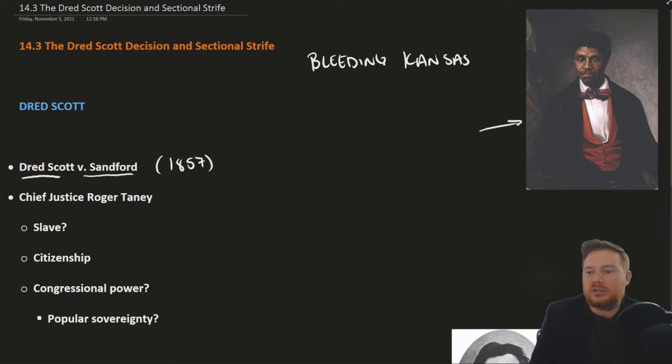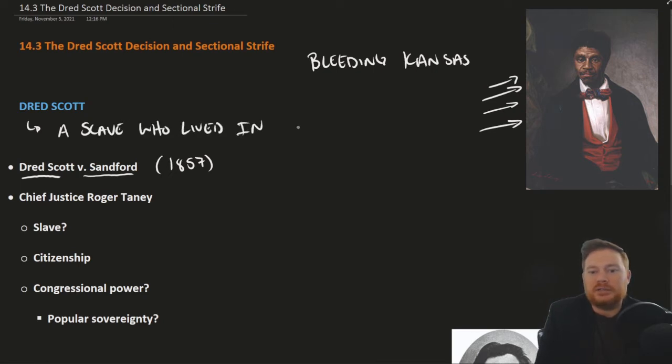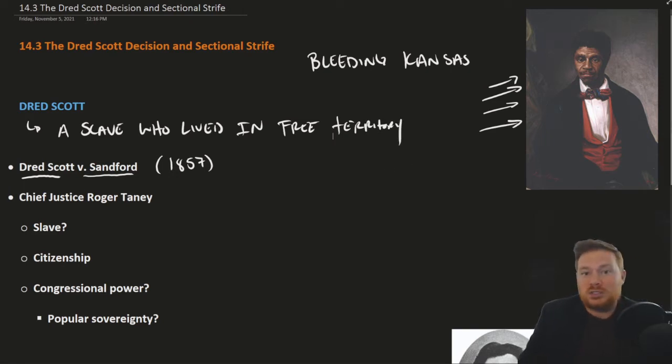Dred Scott is the individual that you see pictured right here. He was a slave who had spent some time living in free territory. Essentially, his slaveholder or owner had brought Dred Scott with him to live in Wisconsin, which was a free territory.